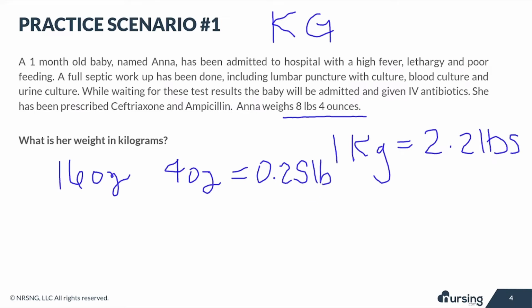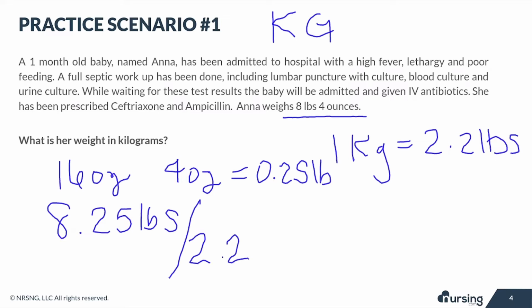Okay, so when we're thinking about calculating this, we're going to be working from 8.25 pounds. And all we have to do to figure out how many kilograms 8.25 pounds is divide the number of pounds by 2.2. And when we do that, we're going to get 3.75. And that's how many kilograms Anna weighs.